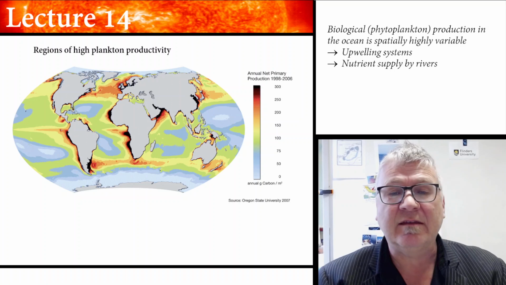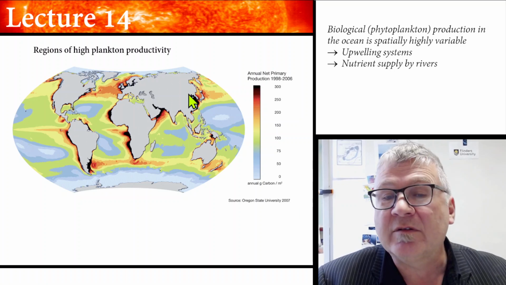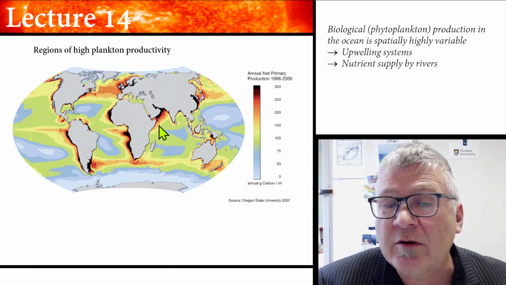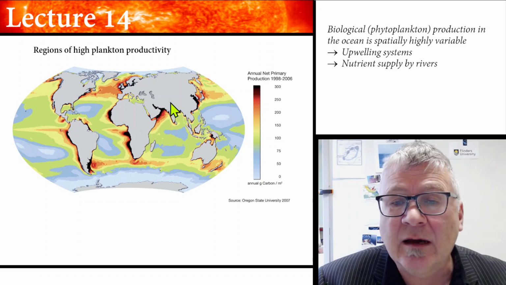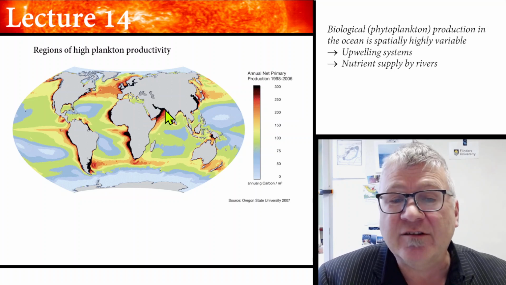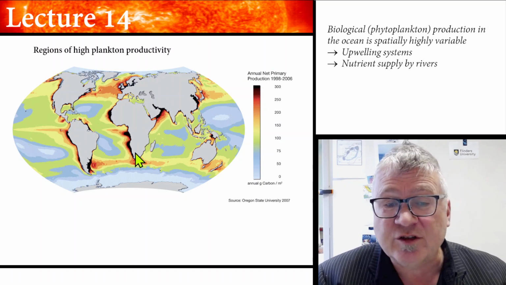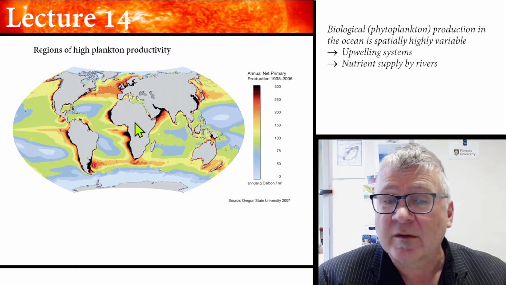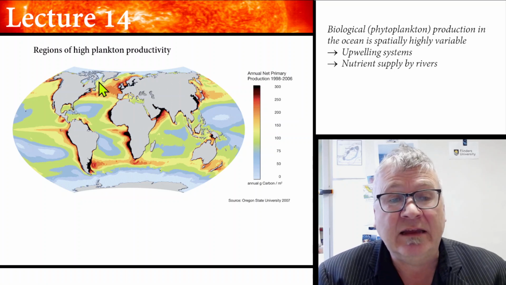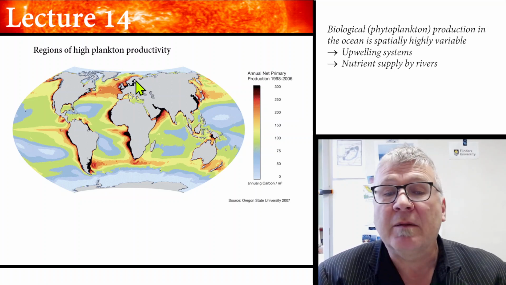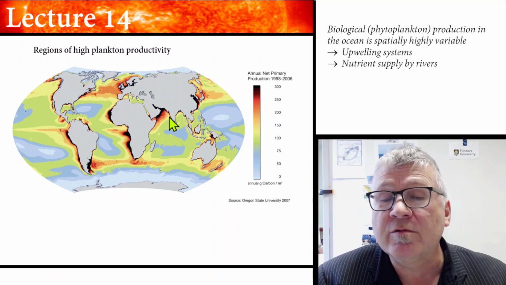But anyway, you see there are regions where you see red, and these are regions with very high levels of plankton productivity. And that's fairly regional. Some are in the open ocean, but most of them are in coastal regions.